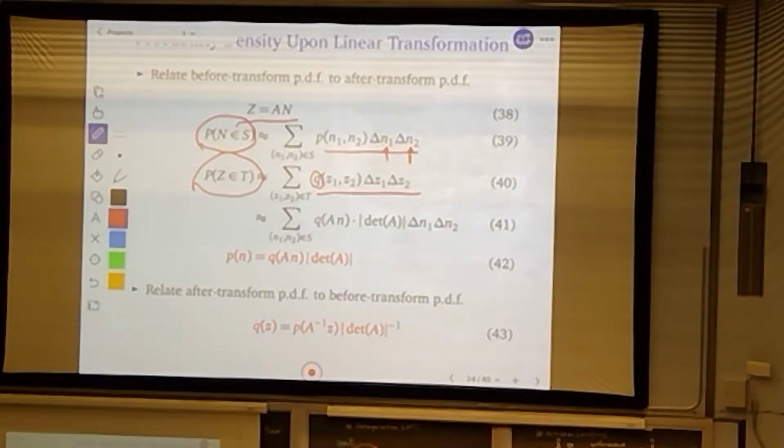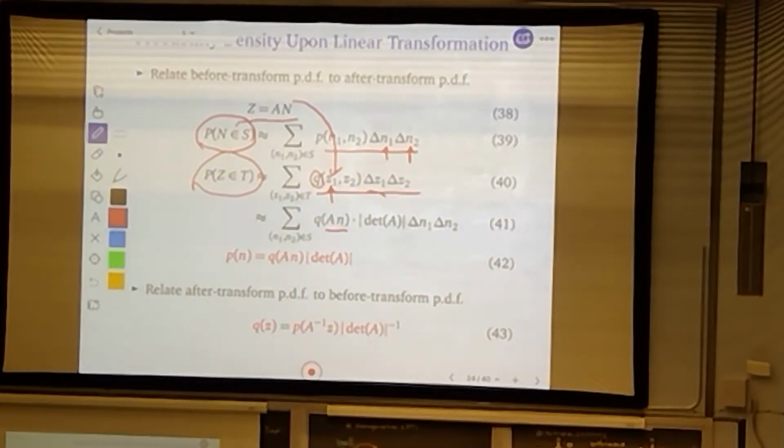They mean the same kind of PDF, but to differentiate them, I use q. Now, I want to relate them, but z is according to this transformation. Z is A times n. So I can rewrite this as A times some n, right?